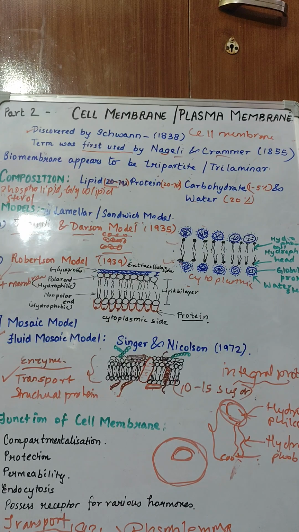Okay, and the lipid bilayer is sandwiched between 2 layers of protein, and all the biomembranes, whether it is cytoplasmic membrane or organelle membrane, they are all made up of this unit membrane. Either they are present as a single unit membrane or they are repeated, it depends. If it is a cytoplasmic membrane, then it is a multiple of unit membrane.